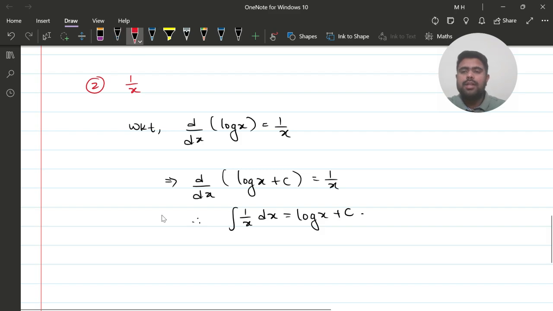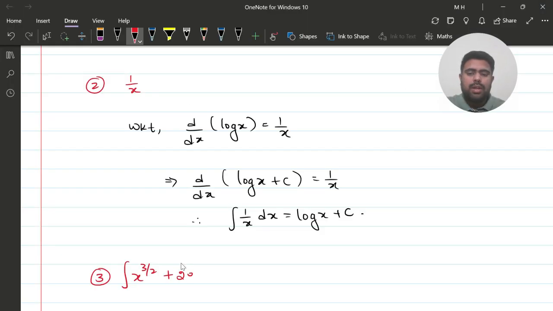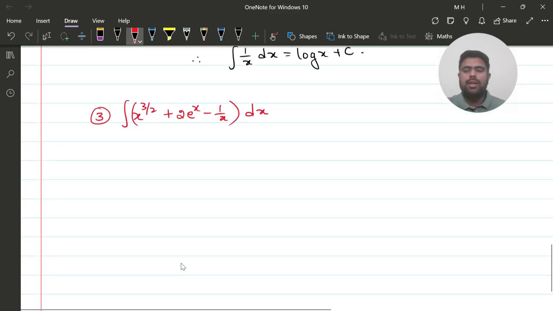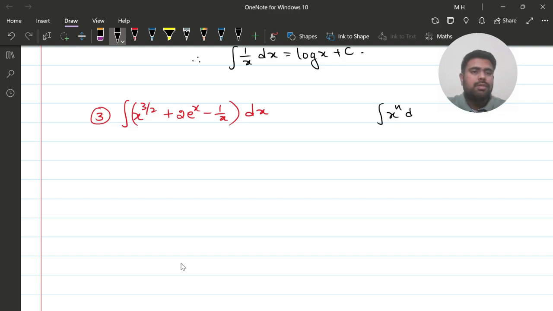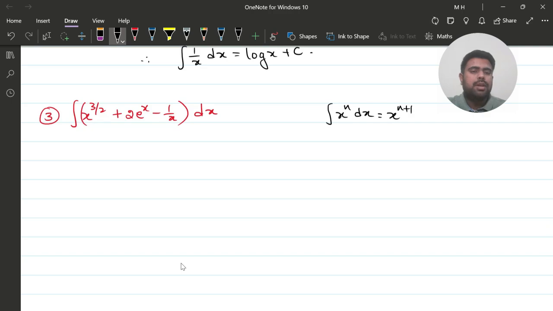The third integral says, the integral of x raised to 3 by 2 plus 2 e raised to x minus 1 by x dx. Okay, they have asked us to integrate this, right. What is the integral of x raised to 3 by 2? What is the integral of x raised to n with respect to x? It is x raised to n plus 1 by n plus 1 plus c, right?